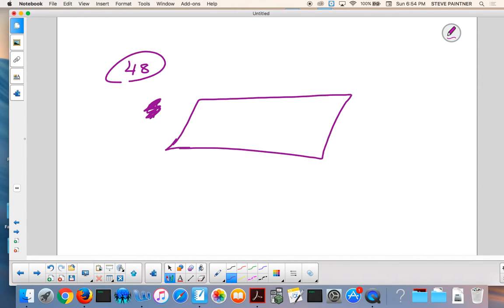In this one, what do they give us? The adjacent sides are 54 and 78. So you got 78 for the long side, 54 for the short side, but this is 54, this is 54, and this is 78. Okay, opposite sides are parallel. It's just a rectangle that's been tilted.